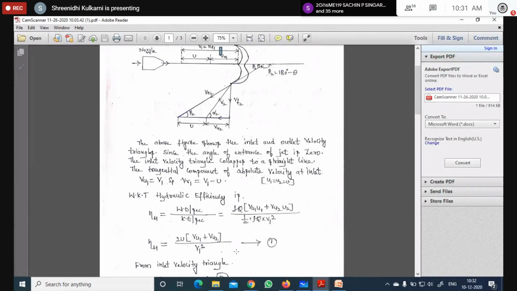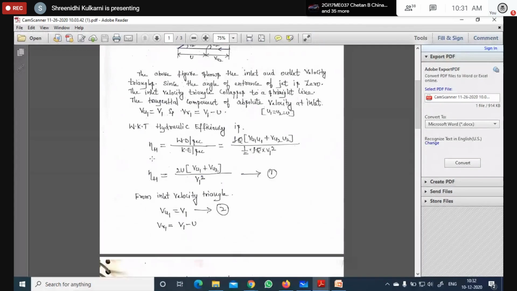Do you have any doubt up to equation 1? So equation 1 gives hydraulic efficiency as 2 into U into (Vu1 plus Vu2) divided by V1 square.